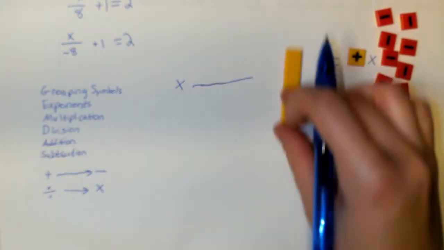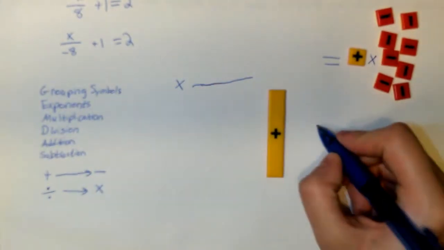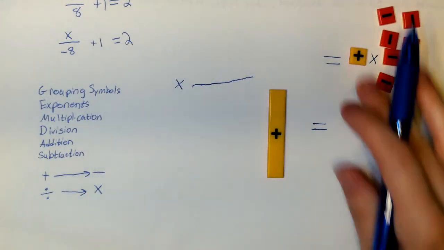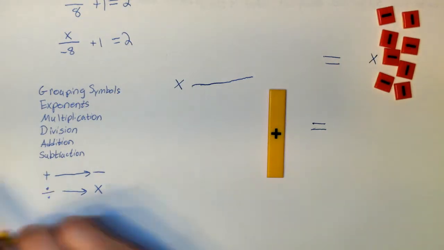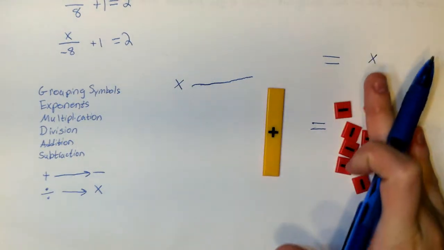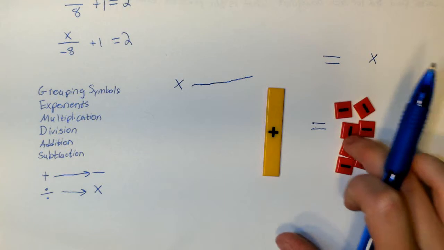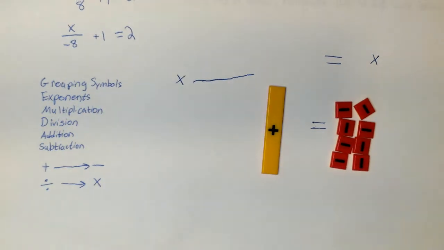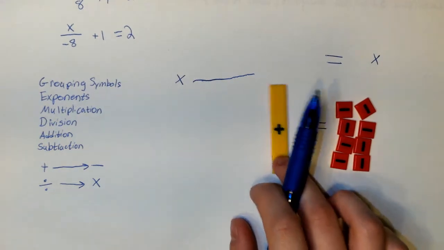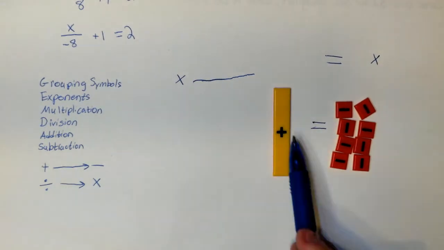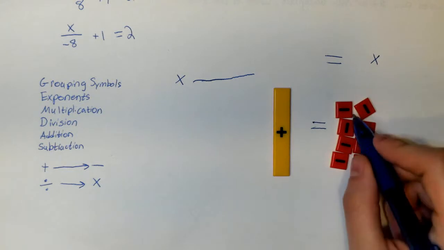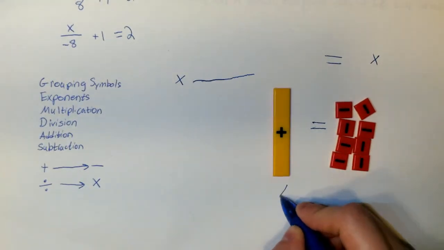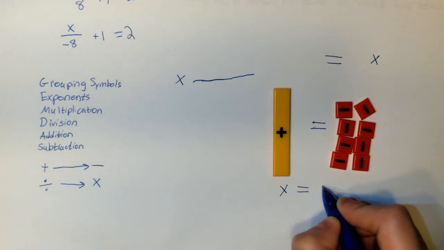So I'll have 1x is equal to 1 times negative 8 is just negative 8. So we'll take the 1 away and we'll drop this negative 8 down. So there we are. We have x by itself with a ghostly 1 in front of it. So we have x is equal to negative 8.